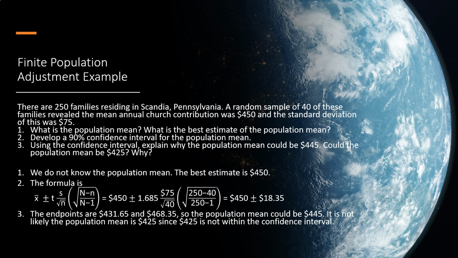And so if you plug that value into the equation, you should be able to solve that the confidence interval is going to be between $431.65 and $468.35. So that means that the population mean could be $445, but it's not likely that the population mean would be like 425, because 425 is not within our confidence interval.